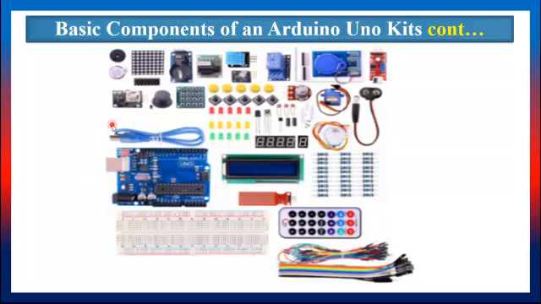At the basic level, your Arduino kit, as a student, should come with the following. You should have a piezo, or what we call the buzzer. We should also have the temperature and humidity sensor, for measuring temperature and humidity. We should also have what we call the relay module, which helps us in switching AC, that's alternating current.